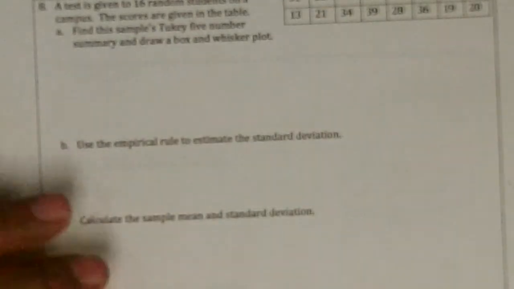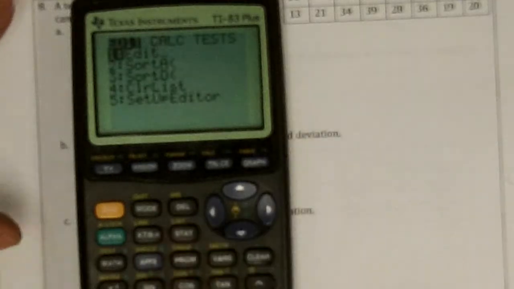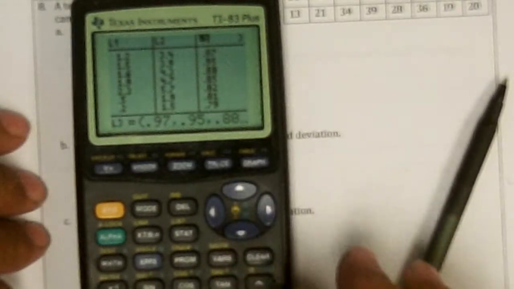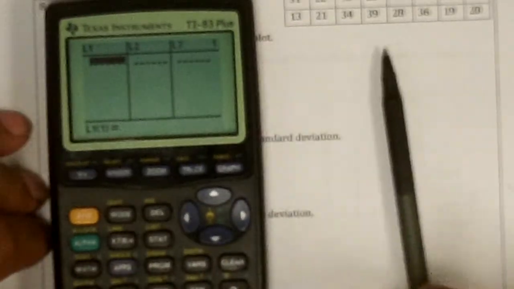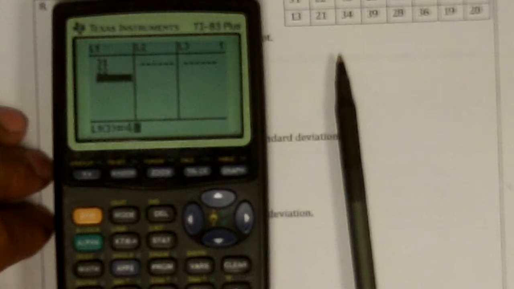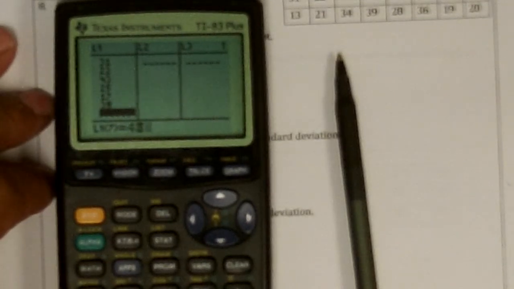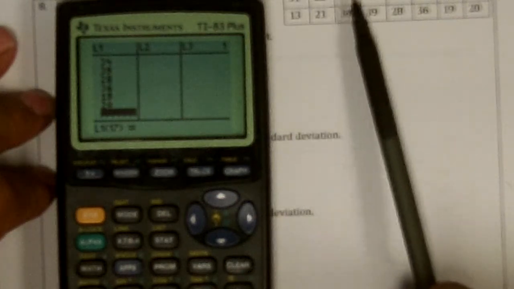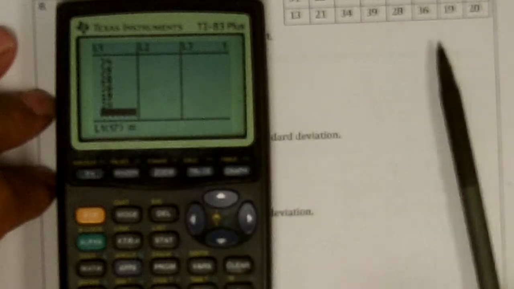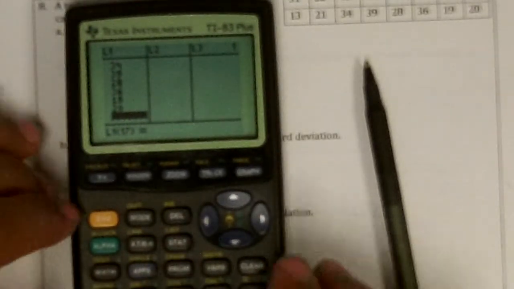I'd have to put these all in order, or I can just use the calculator, and I'll clear these lists and put these numbers in: 31, 22, 43, 25, 17, 39, 43, 17, 13, 21, 34, 39, 28, 36, 19, and 20. That's 16 numbers.